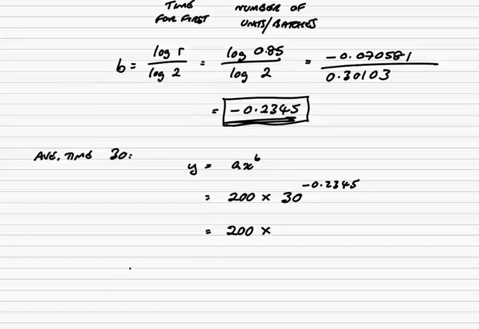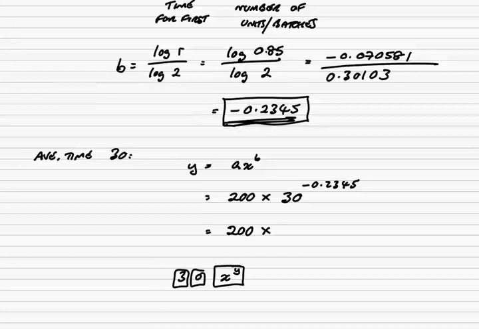I'll write down the buttons I press. I go 30, so obviously 3, 0. I then have a button that says x to the power y, so I press that.